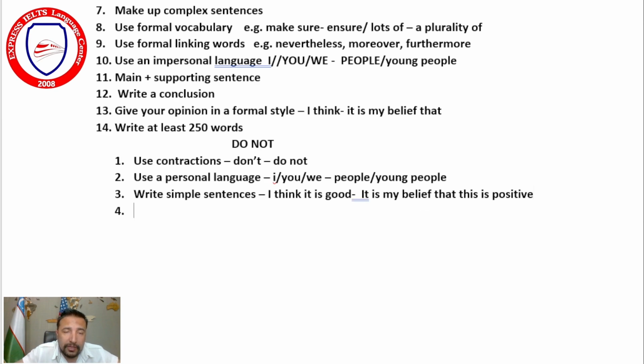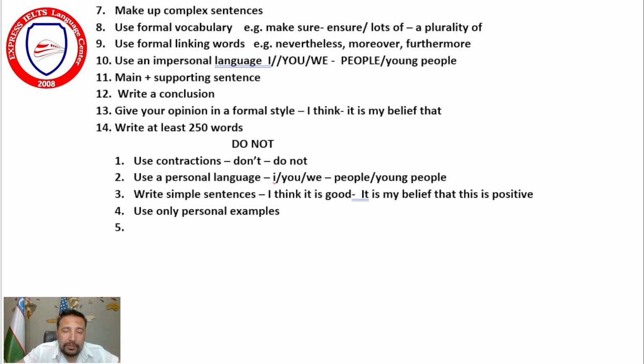And the next rule is that you should not use only personal examples, because some students write only personal examples. This is also one thing that you need to avoid. That is why sometimes you need to use general examples.